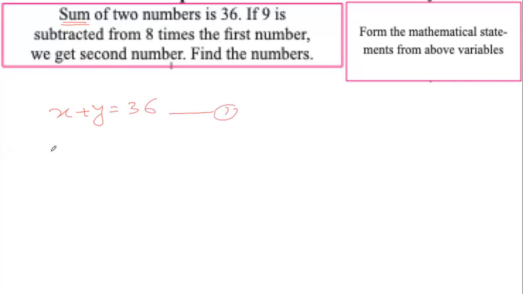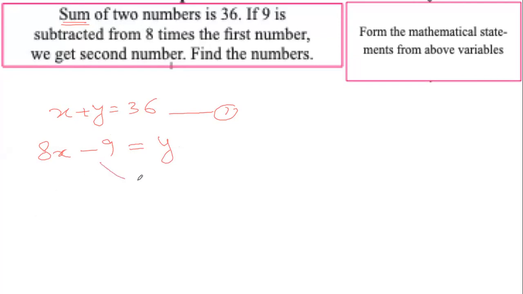Now give me the second equation. Thank you, Prachi. 8 times the first number, 8x, minus 9 equals the second number, y. This is the second equation. But we will try to write it in the usual form so that we are able to solve them properly.